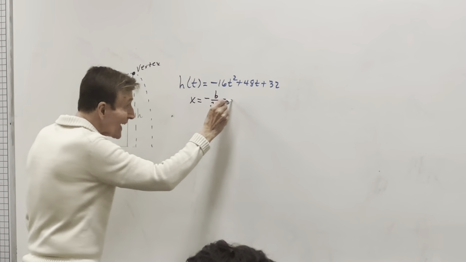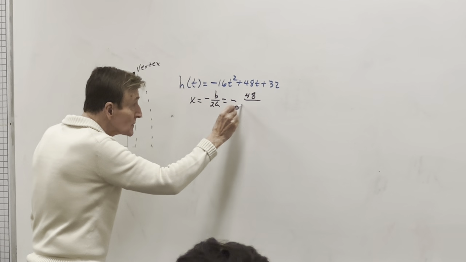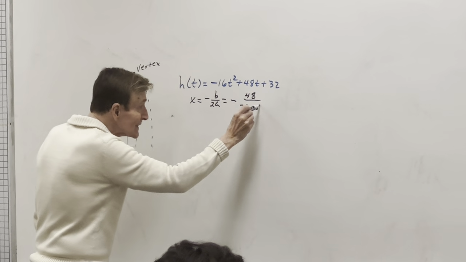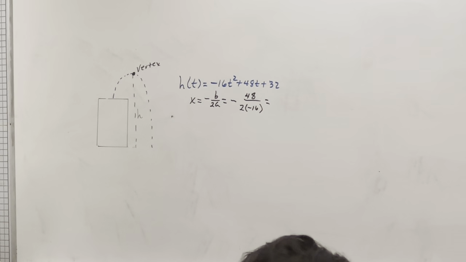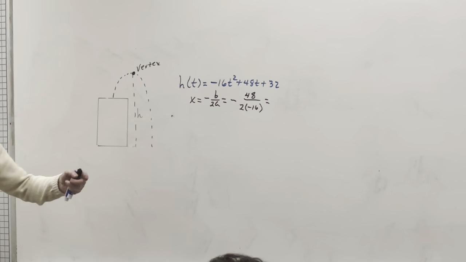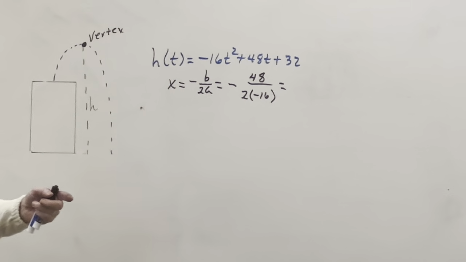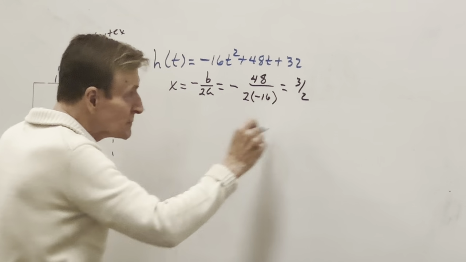In my case, that's negative 48 from the quadratic, over 2 times negative 16. It looks like a positive answer, 48 over 32, and the best you can do is reduce it down by 16 into 3 halves.